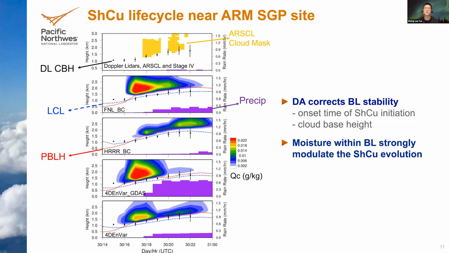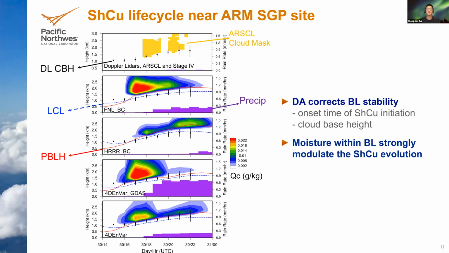Data assimilation corrects the boundary layer stability, which leads to a more accurate onset time of shallow cumulus initiation, and then also a better evolution of cloud base height. The moisture within the boundary layer is found to strongly modulate the shallow cumulus evolution.